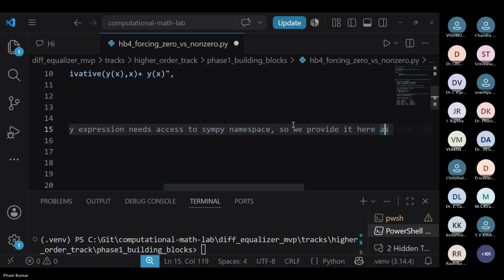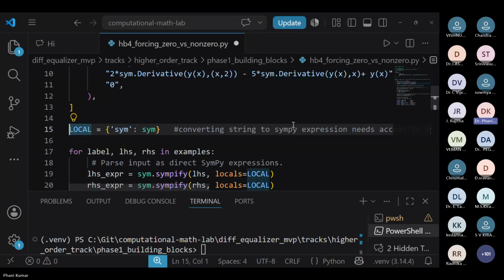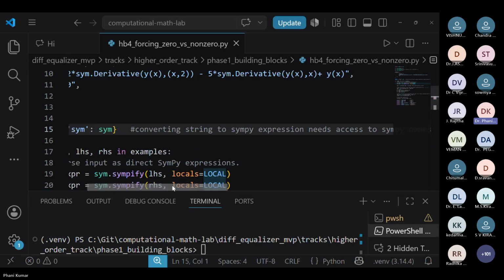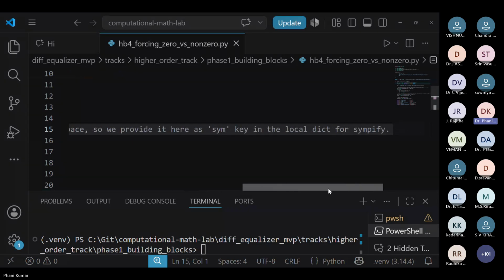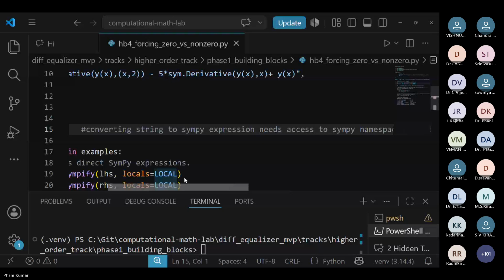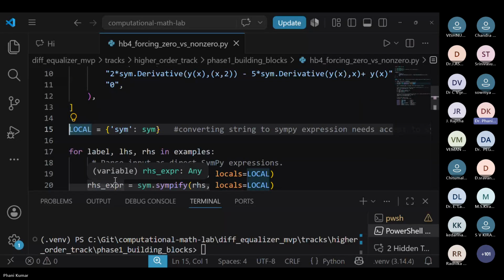So that sim object, we are going to convert it as an expression. Otherwise, we get some error if we are not defining that, right? So here I am typing.